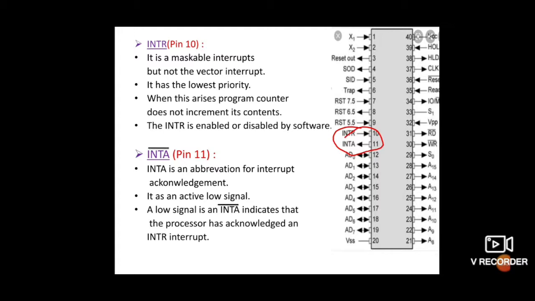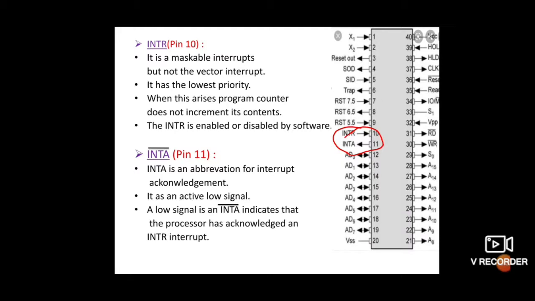Understand how INTR and INTA bar are correlated? A low signal on INTA bar indicates that the processor has acknowledged an INTR interrupt. In response to the INTA bar signal, external logic places an instruction on the data bus. This is the relation between INTR and INTA bar.